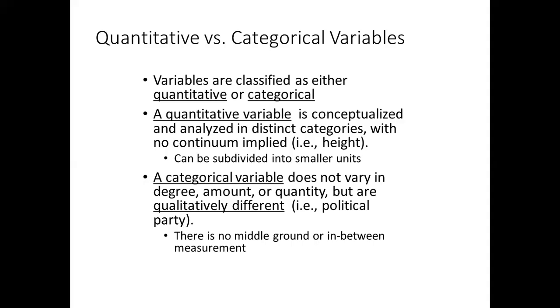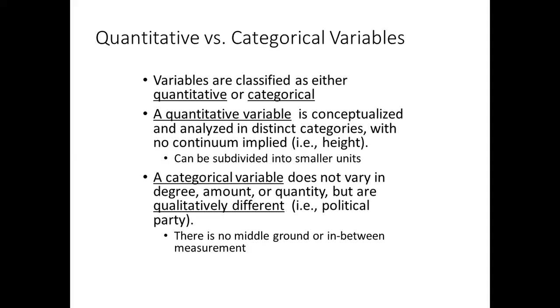For example, height, because this can be subdivided into smaller units, all right? Then we have what we call the categorical variables. These do not vary in degree, amount, or quantity, but are qualitatively different. For example, a political party, male and female, they are qualitatively different, all right.